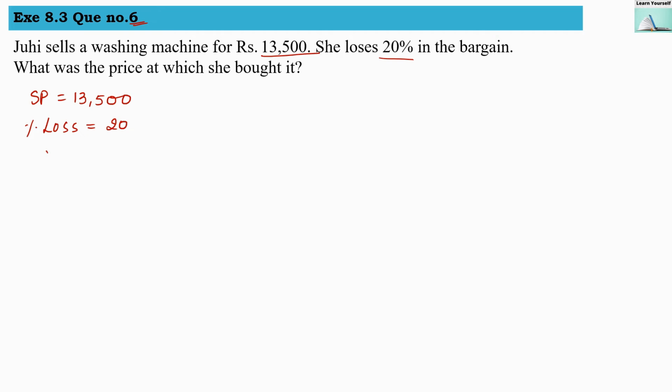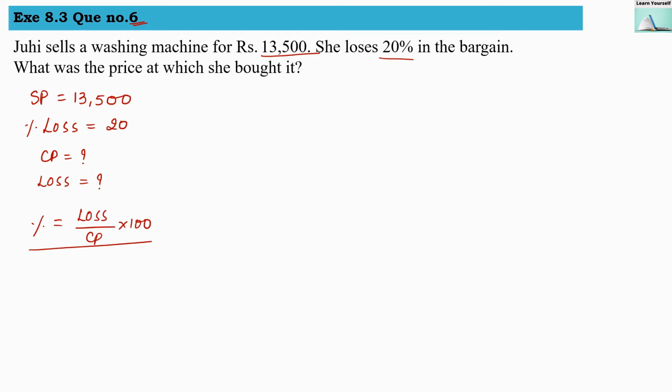But we do not have the cost price, and because of that we do not have the loss in numbers. So without this we cannot use the formula, percentage of loss equals loss divided by CP multiplied by 100.